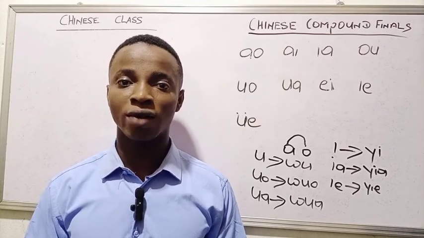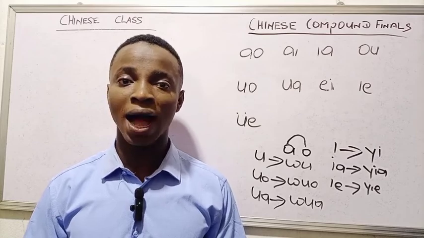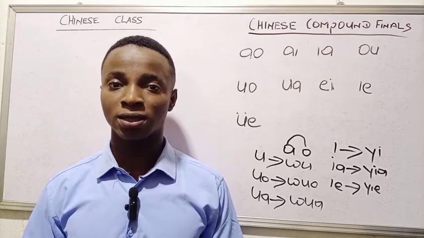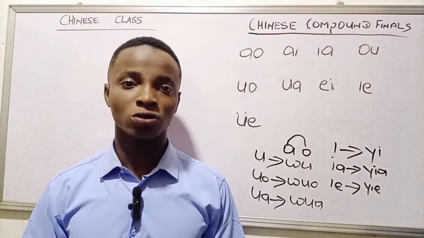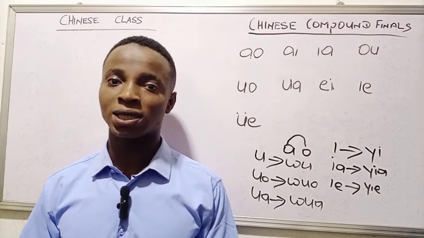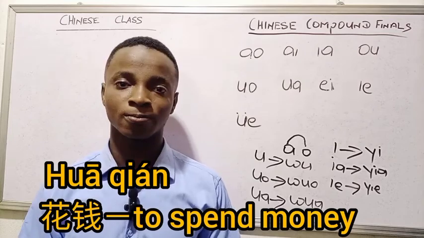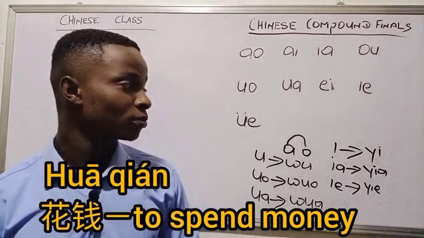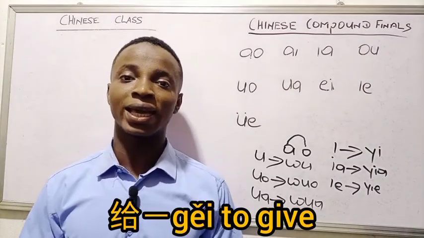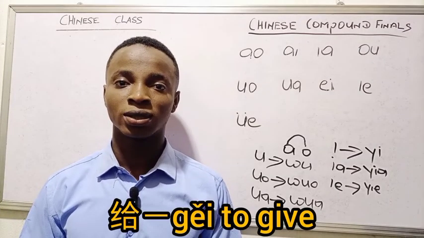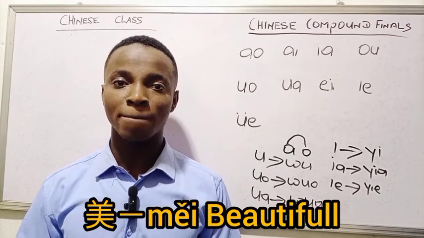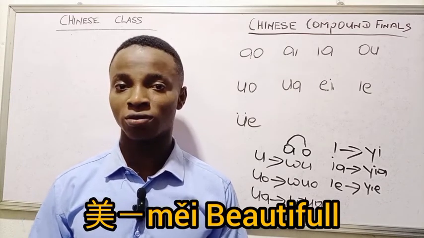The next part we have 花, to spend. 花钱, to spend money. 给, to give. 美, meaning beautiful, beauty.